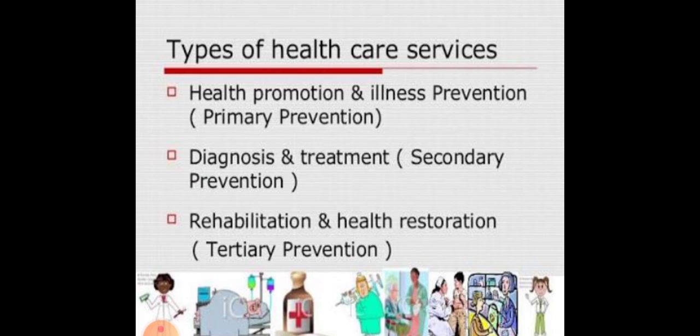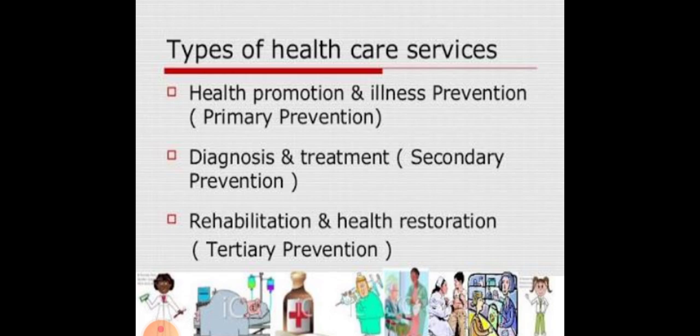So let us review the types of healthcare services. So we have mentioned primary prevention, secondary prevention, and tertiary prevention. So let's go back to the primary prevention. Primary prevention talks about health promotion and illness prevention. We discussed that in primary prevention, the illness or disease doesn't necessarily exist in a client or an individual, so this focuses on health promotion.